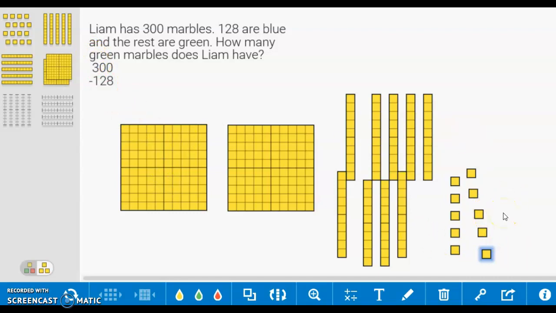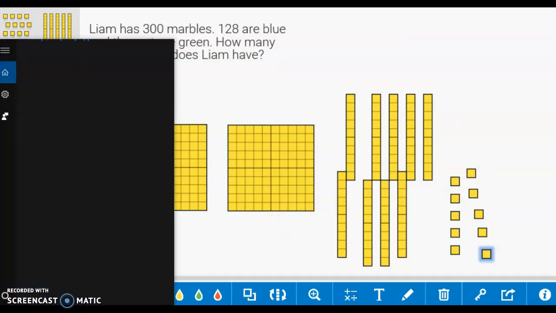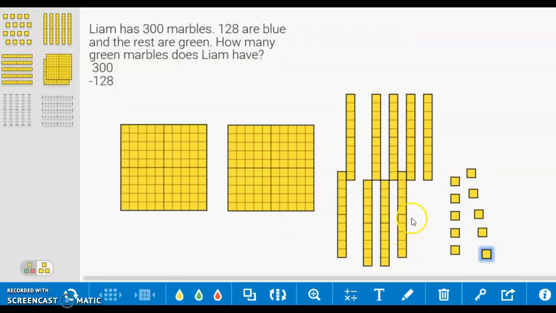Now that we have enough ones we can take away from, let's come down here and take away eight ones.